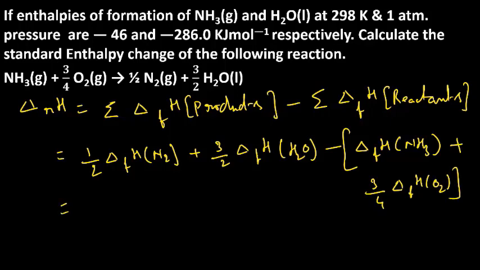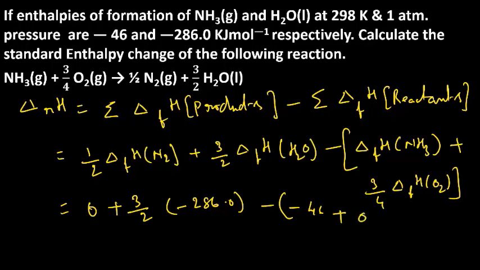Now we know that enthalpies of formation of elements under their standard conditions are 0. Therefore, enthalpy of formation of nitrogen is 0 and that of oxygen is also 0. Therefore, 0 plus 3 by 2, enthalpy of formation of water is minus 286.0, minus delta H for ammonia, minus 46, plus oxygen which is 0.